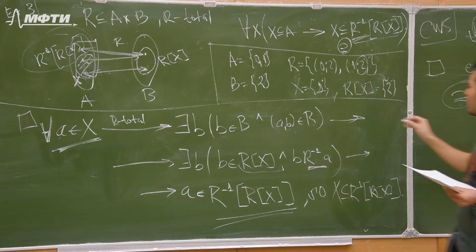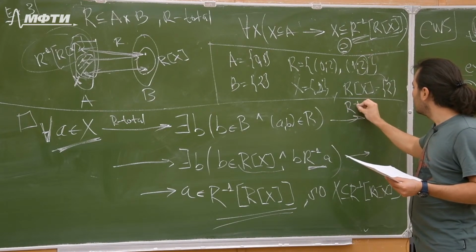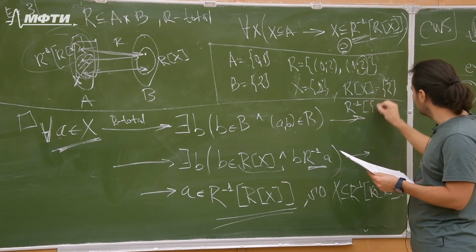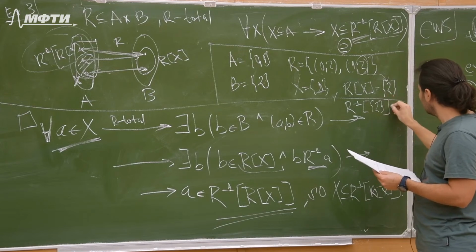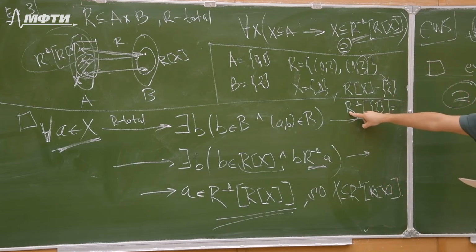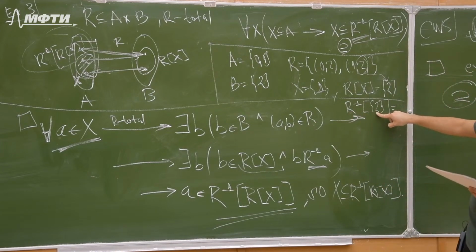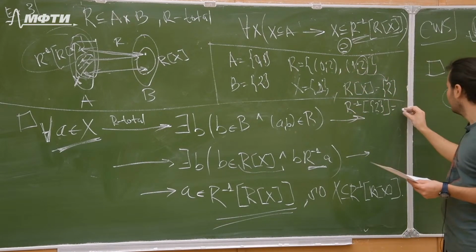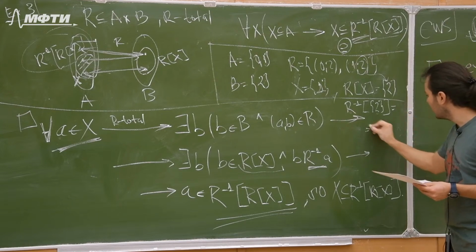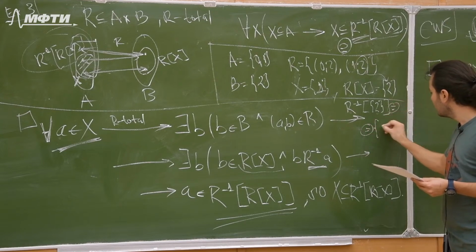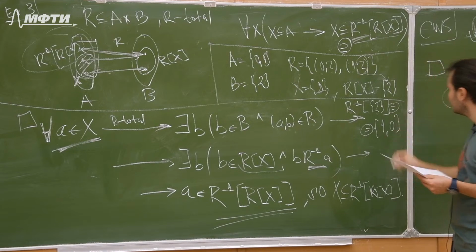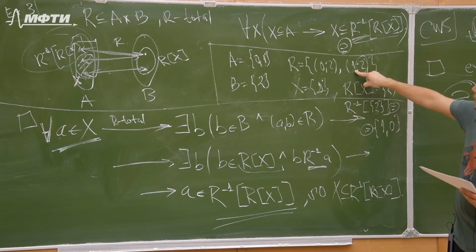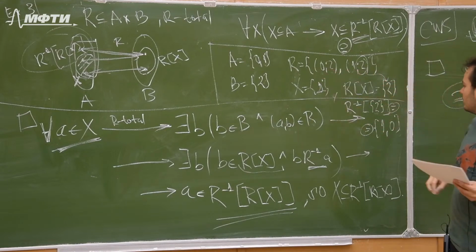And what about R minus 1 of 2? The pre-image of the singleton of 2 is 1 and 0. So the pre-image of 2 is 1 and 0.